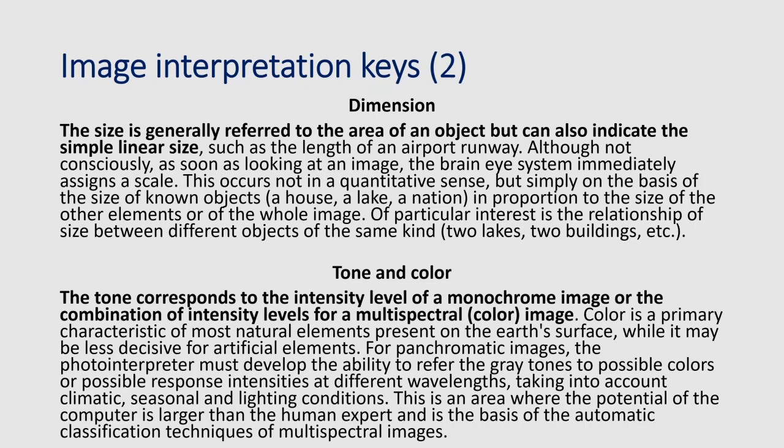For panchromatic images, the photointerpreter must develop the ability to refer to gray tones, to possible colors, or possible response intensities at different wavelengths, taking into account climatic, seasonal, and lighting conditions. This is an area where the potential of the computer is larger than that of the human expert, of course, and is the basis of the automatic classification techniques of multispectral images, as we will see in the last lecture of this course.